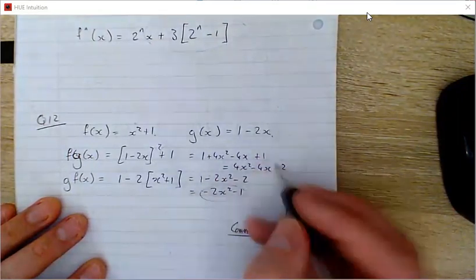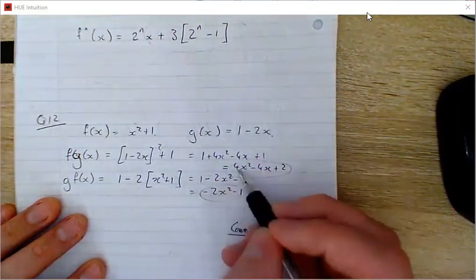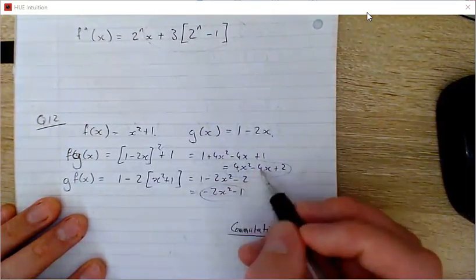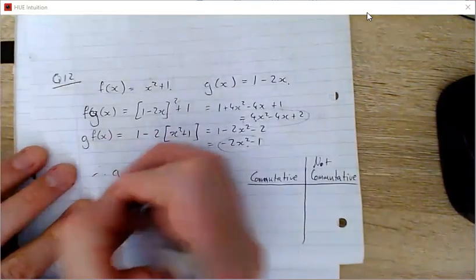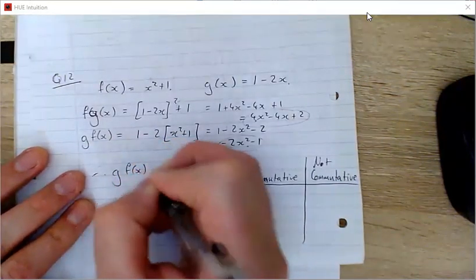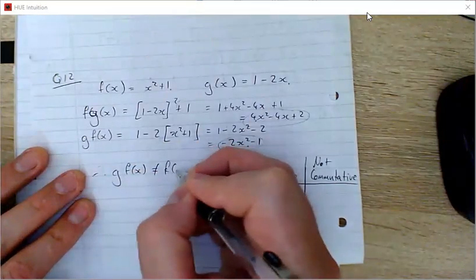Okay, so these are not equal to each other because the square terms don't match up, the linear terms don't match up, there's no linear term here, and the constants don't match up. So you can say, therefore, g of f of x is not the same as f of g of x.